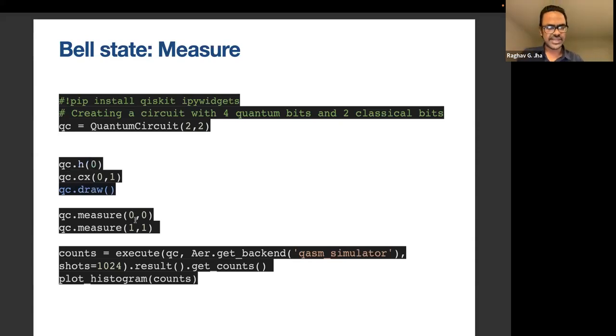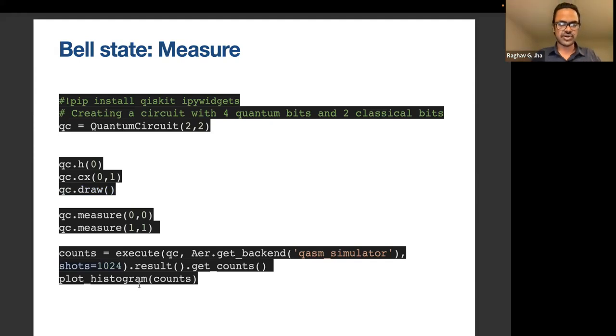After drawing that, I'll measure the 0 qubit in the 0 classical register and the first qubit in the first classical register. And then I will count how many times I get each state. For that, I'll do 1024 shots. Shots is just a term for how many times I do the measurement and what state I measure.